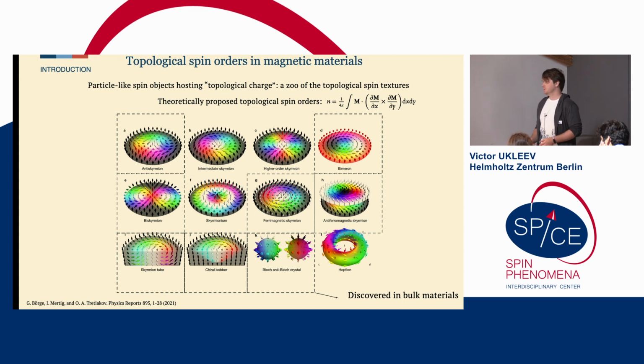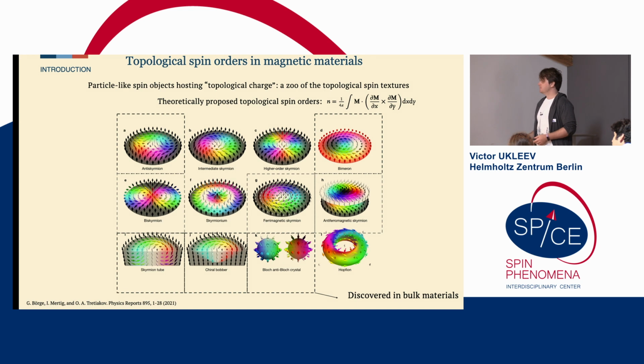In bulk materials, often skyrmions actually occur in the form of three-dimensional skyrmion tubes, and even Hedgehog, anti-Hedgehog lattices have been observed in some of the B20 magnets. And if you go further in the 3D world, then other higher order topological spin textures can be stabilized, such as various Hopfions.